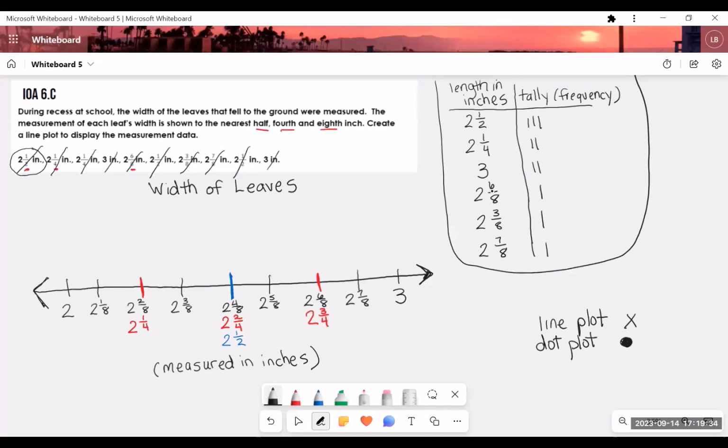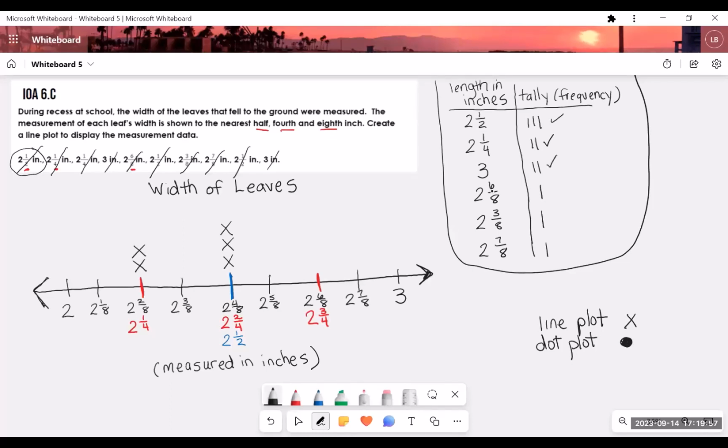So we need 3. So there were 3 leaves that measured 2 1/2. I see that up here. 3 that measured 2 1/2. So I'm going to put 3 X's above 2 1/2. And then there were 2 leaves that measured 2 1/4.